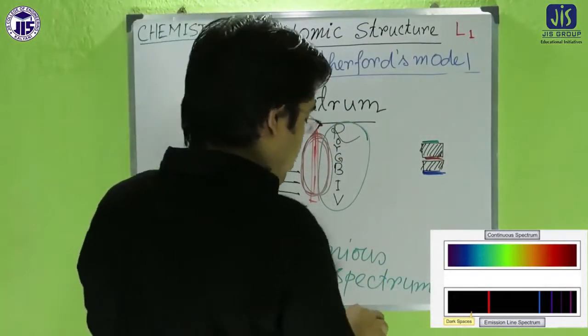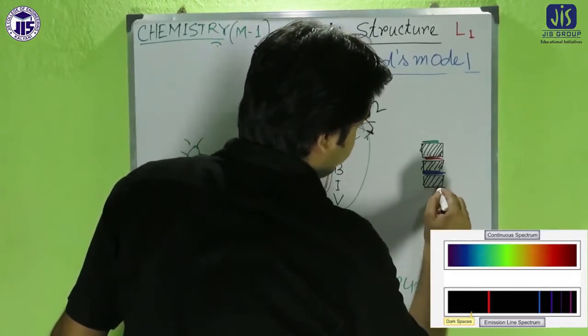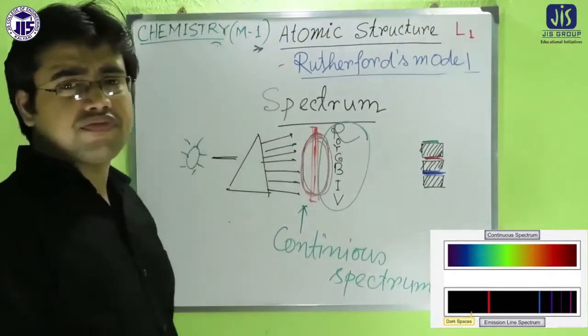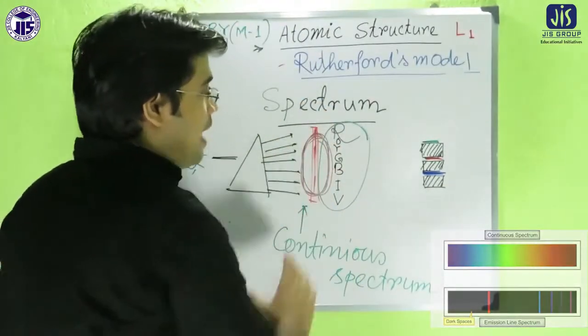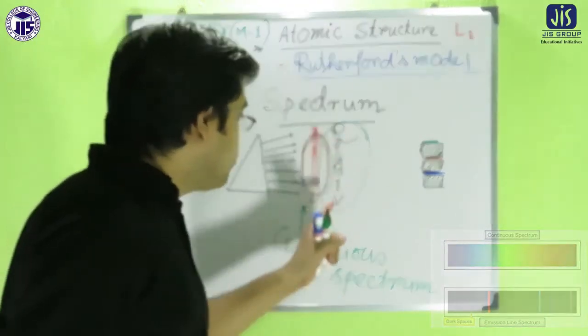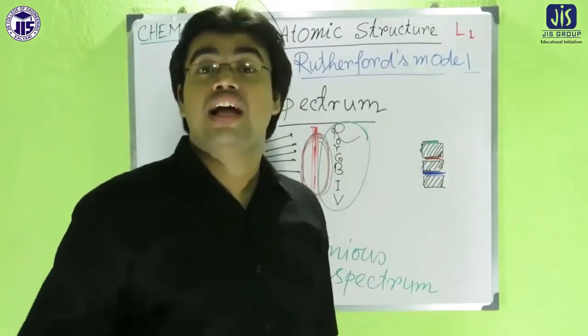That kind of spectrum is called a line spectrum. That means we get lines one by one, instead of a band of colors overlapping each other.